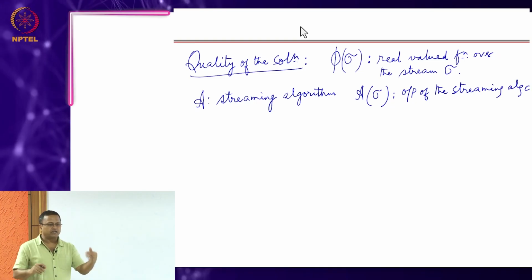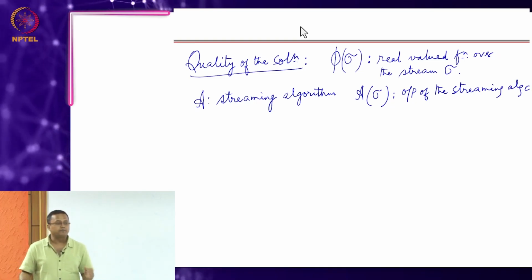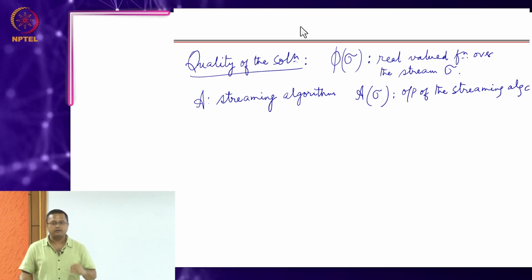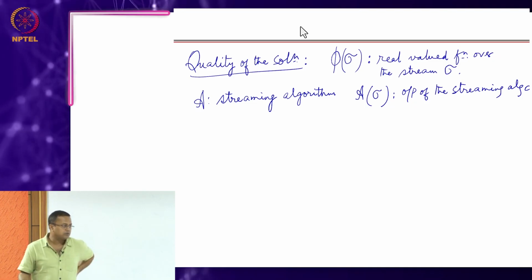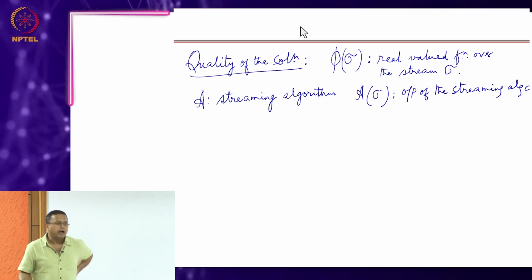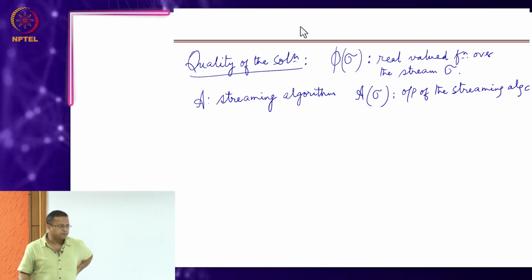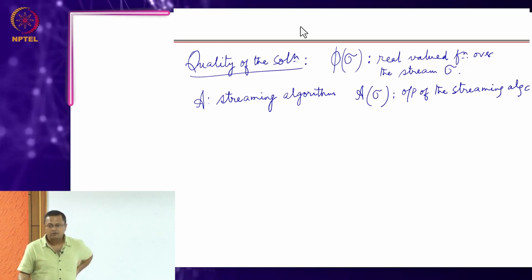Now, for many of the cases this streaming algorithm would not be able to solve the problem exactly, it will only solve it approximately. So, we will look into this distinct elements problem and give you an approximate solution. Now, what is a good approximate solution?